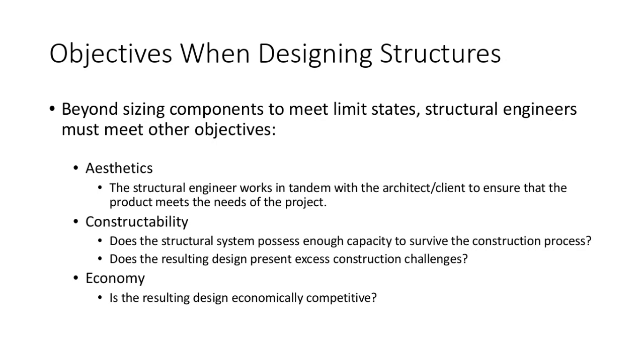If an architect had their way, they would have columns 100 feet on center and completely open space to do whatever they want inside the building. And some of that is to meet the needs of their client. But the structural engineer has to come in and say, okay, that's actually not possible. Physics won't let you proportion the building that way, because if you do, it will fall down and kill somebody. So there's some give and take.